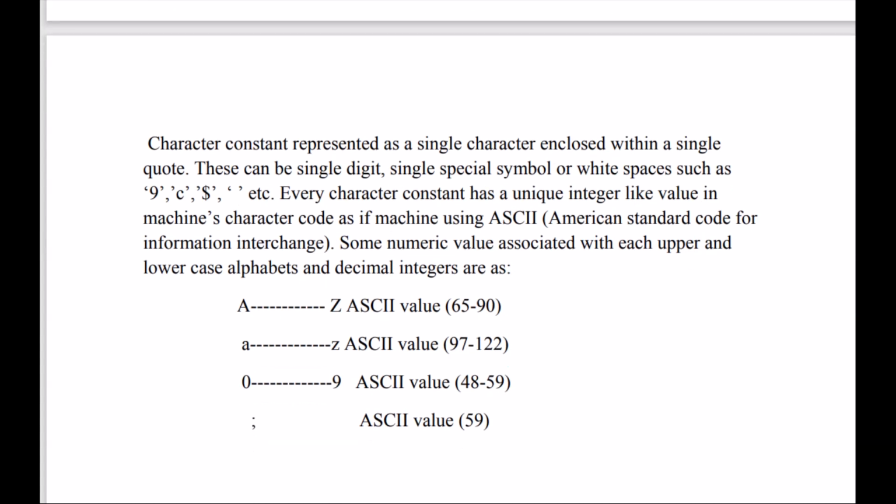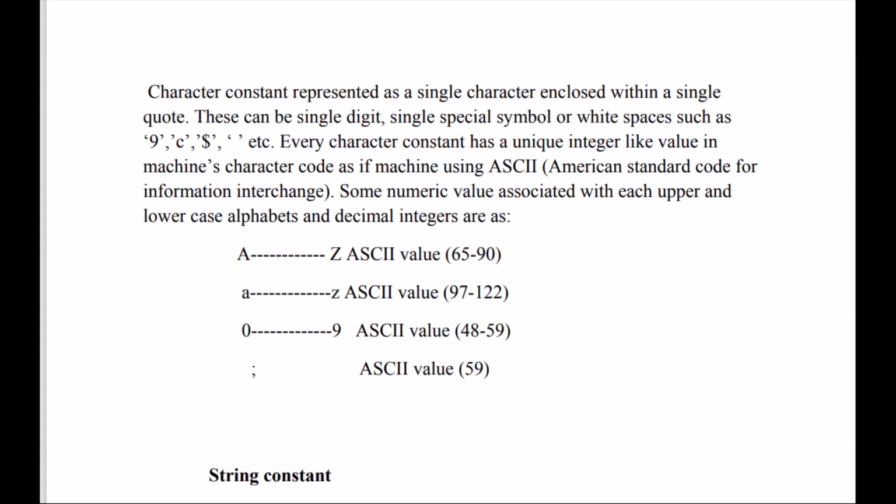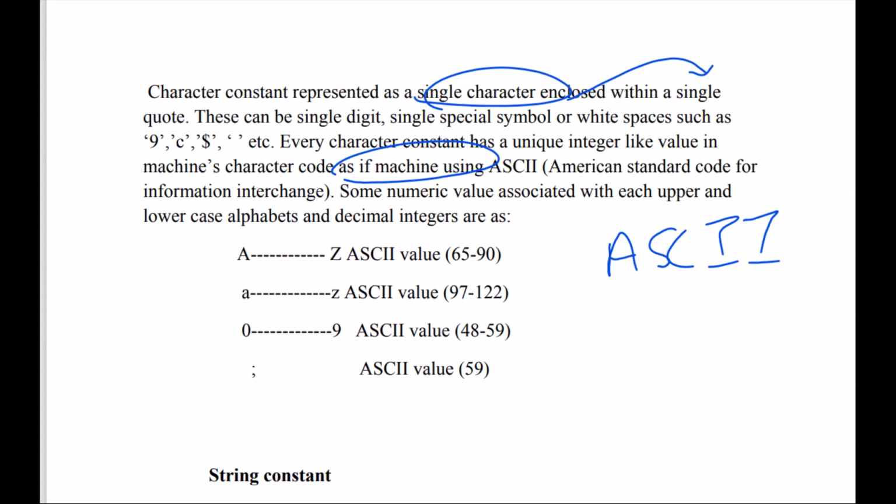Now let us look at the character constant. A character constant is represented as a single character enclosed within single quotes. These can be a single digit, a single special symbol, or white space, such as '9', 'C', '$', etc. Every character constant has a unique integer value in the machine's character code, as if the machine is using ASCII, the full form of which is American Standard Code for Information Interchange.